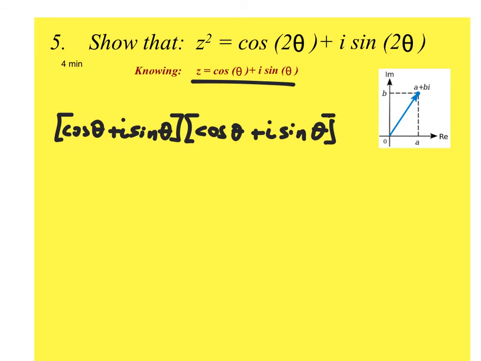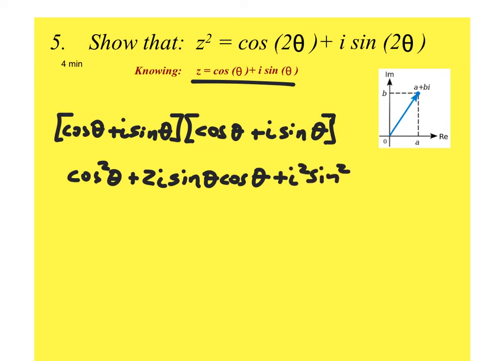So if I FOIL that, I get cosine squared theta. Then you'll notice these are both the same, so I'll get 2i sine theta cosine theta. And then I get plus i squared sine squared theta. Okay, so i squared sine squared will become negative sine squared.